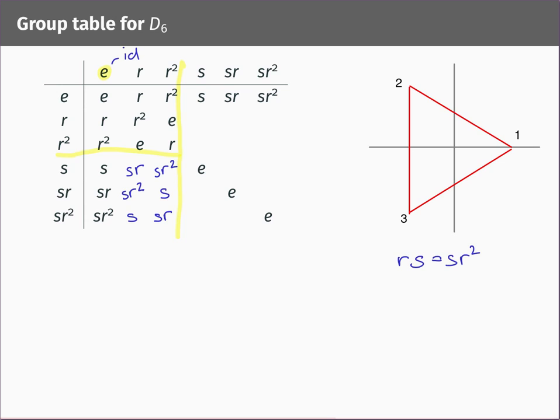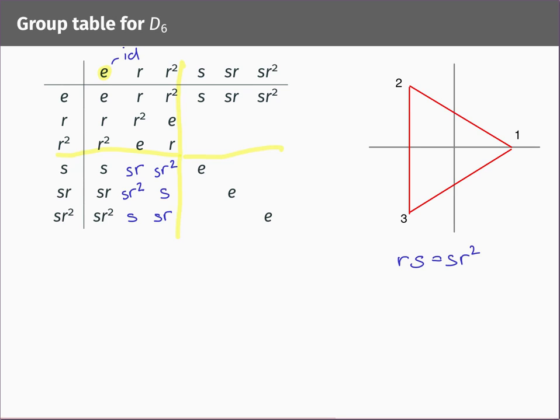So the interesting things start to happen if we look at the top block here. So we'll look at this block in the top right hand part of this group table. In the second row here, this entry in row R and column S is R times S, and we figured out on the last slide that R times S was SR squared.